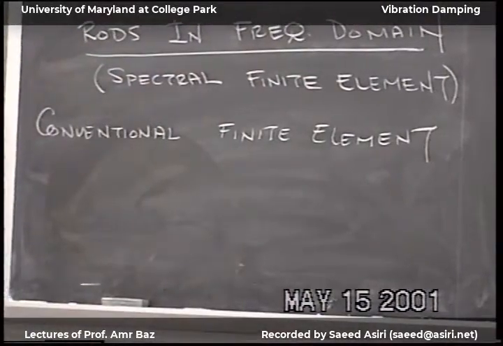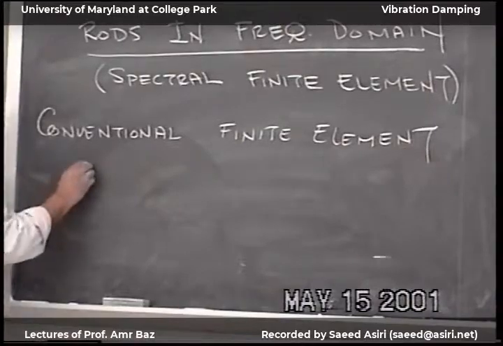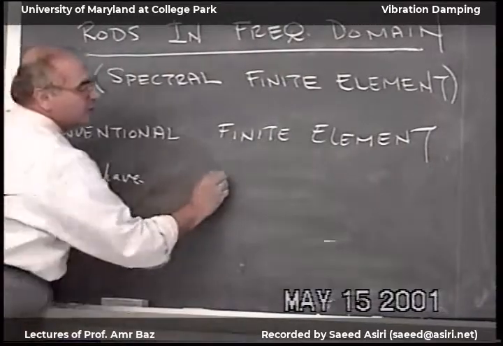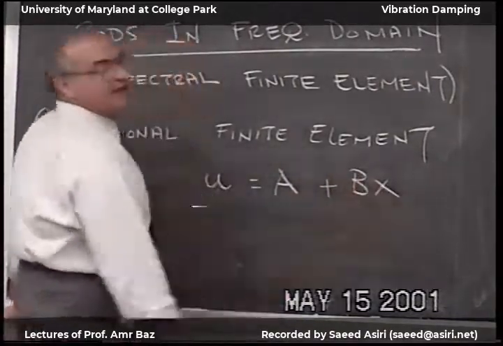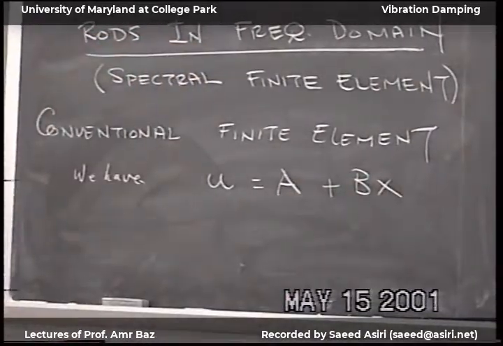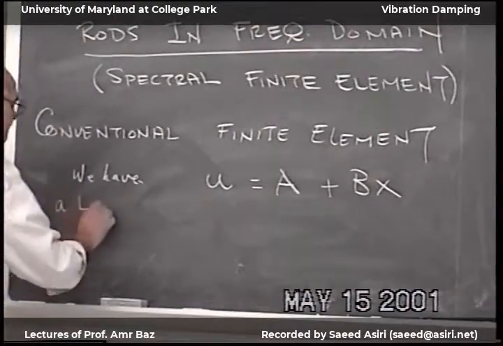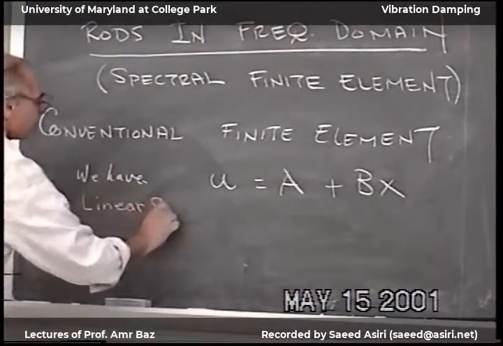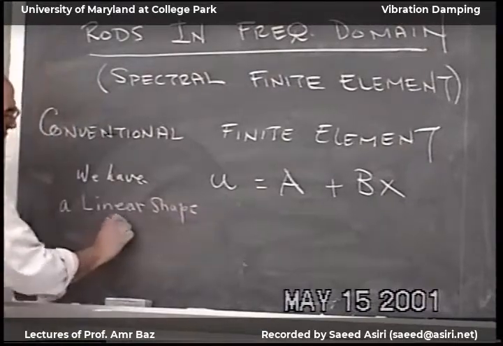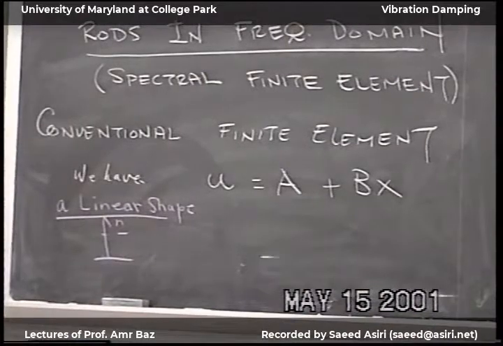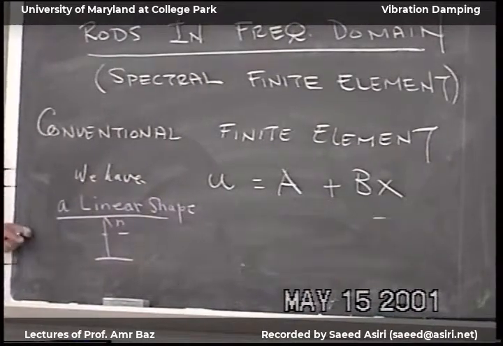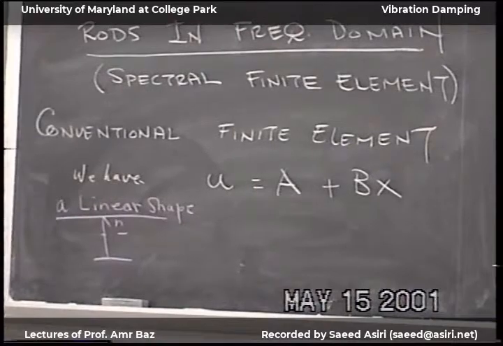For rods, we have u is equal to a plus b x. We use this linear shape function. I'm not going to use this because this is very inefficient, very inefficient.